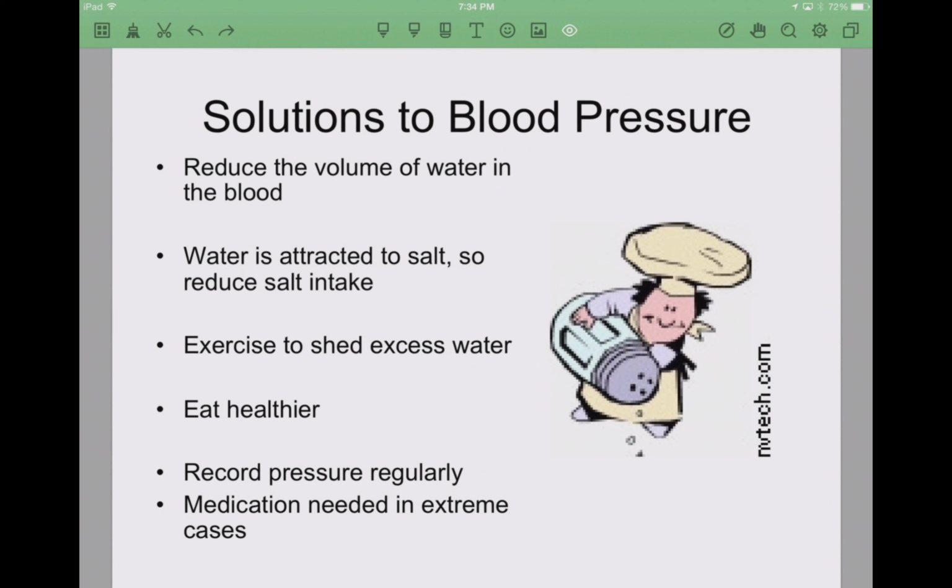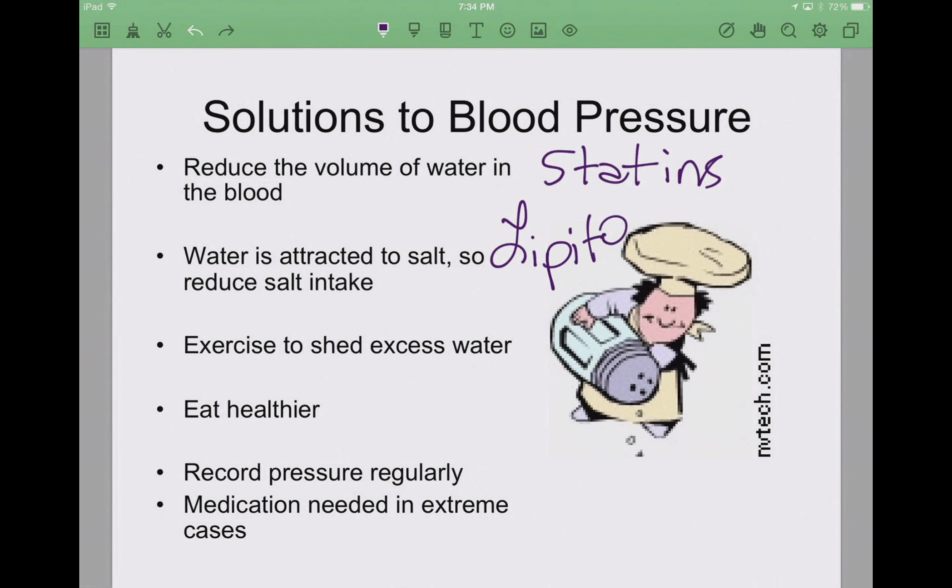Now, if you can't get it under control, what are some choices? Well, they have these things called statins, and you might have heard of some of these. Without getting into medication too much, you might have heard of one called Lipitor, which is a brand name, or Crestor, which is another kind of statin.